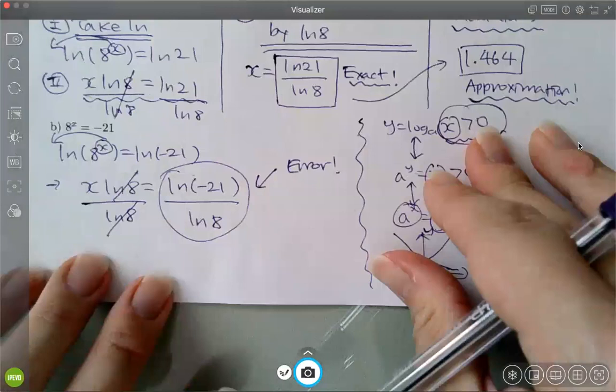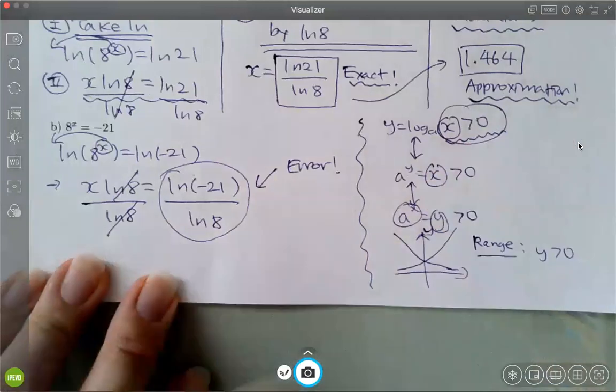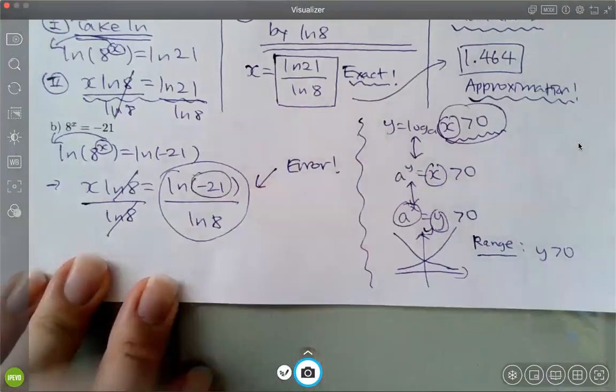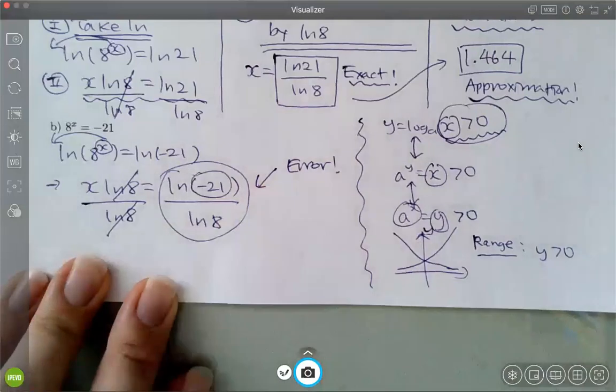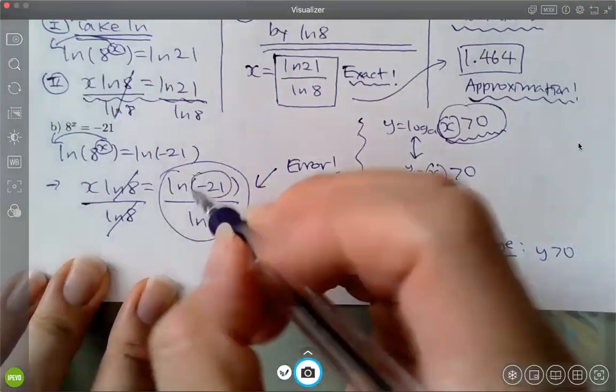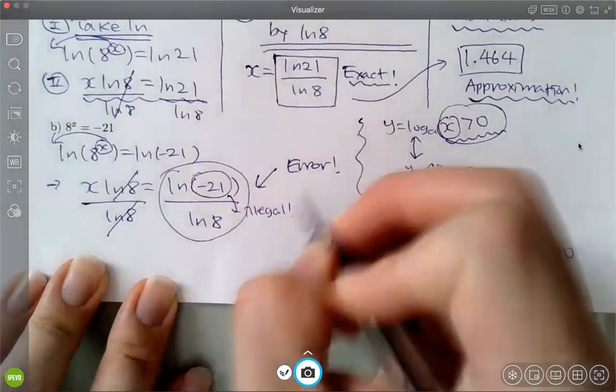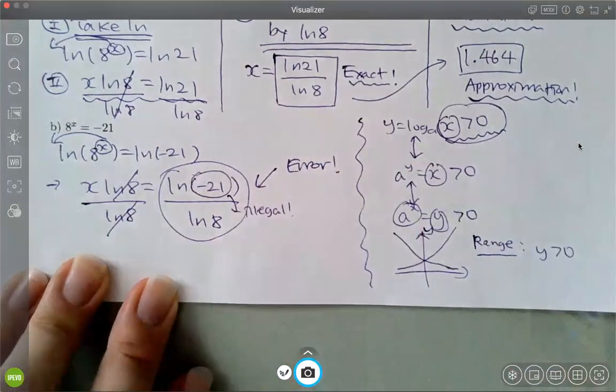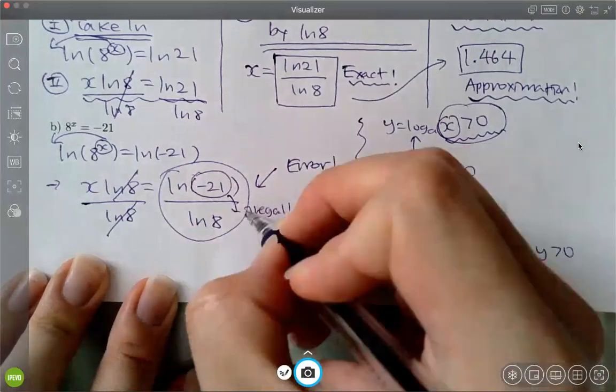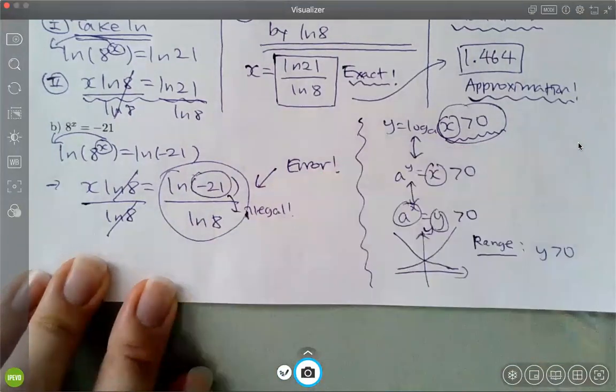And do you see why this one caused the error? That is illegal. Okay, so this is illegal, which is why it caused the error message. So what's the answer then? Just error message? No, what's the answer?